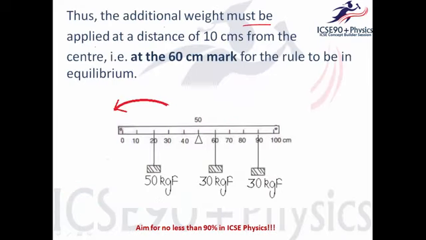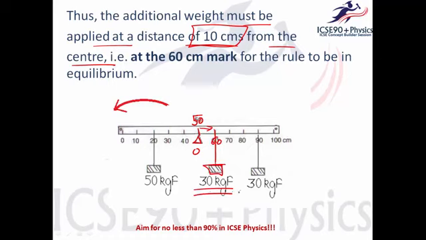and thus the additional weight must be applied at a distance of 10 centimeters from the center. The center we know is at O, which is at the 50 centimeter mark. So 50 plus 10, that means at the 60 centimeter mark we should have this additional weight of 30 kgf so as to bring the rule into an equilibrium position.